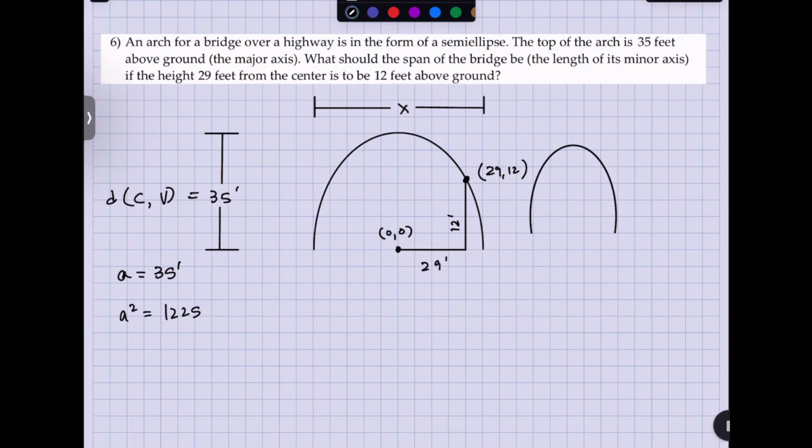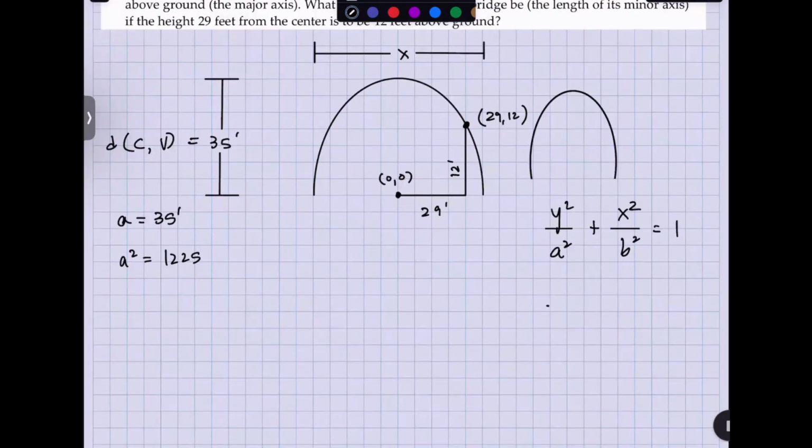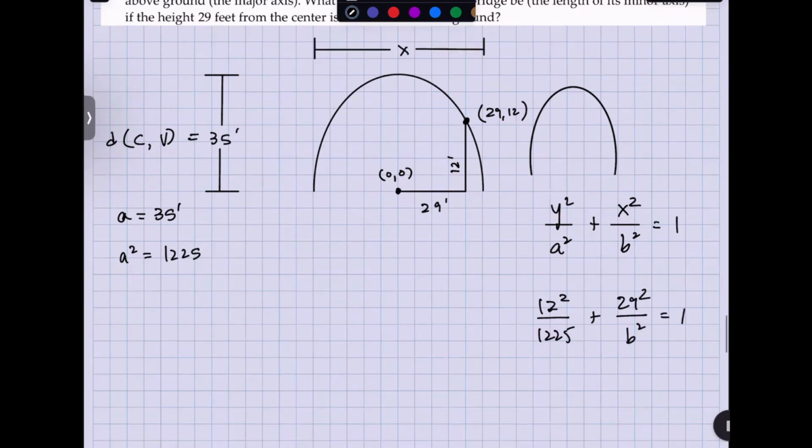So that means if 35 is A, I'm going to have Y squared over A squared. So you're saying you decided to put 12 squared over 1225 plus 29 squared over B squared equal to 1 to solve for B. Okay.